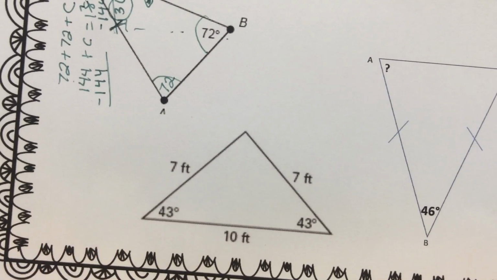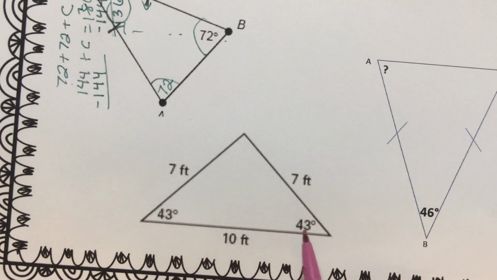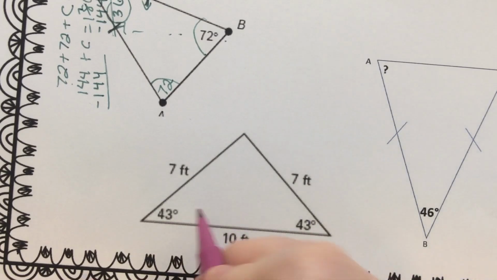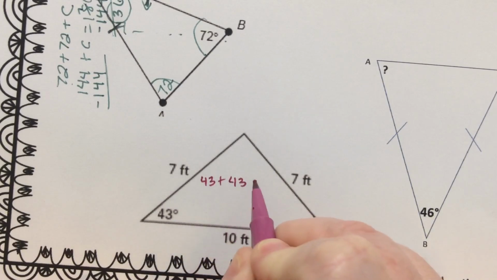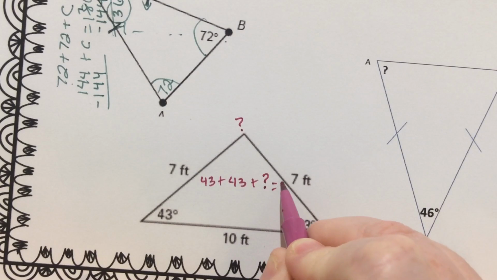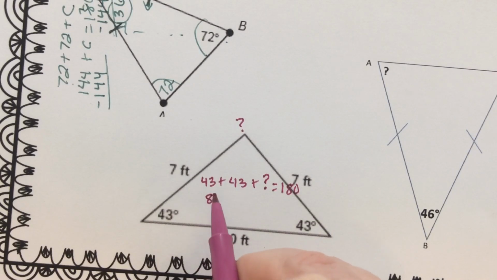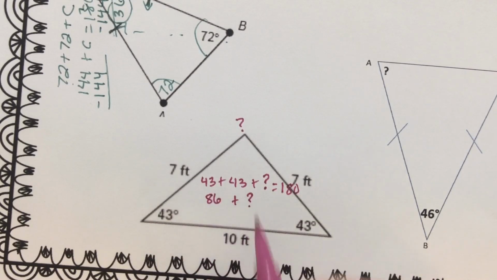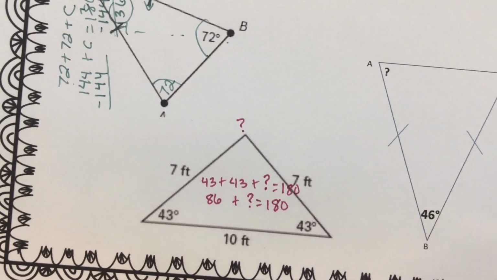Now, this next one right down here looks just like that, okay? I have two angles. It gave me 2 of them this time, but both of these are 43 degrees. So I know that 43 plus whatever that number is right there has to have a sum of 180 degrees. Okay, so I add these up, and I get 86 plus whatever that number is has to equal 180.